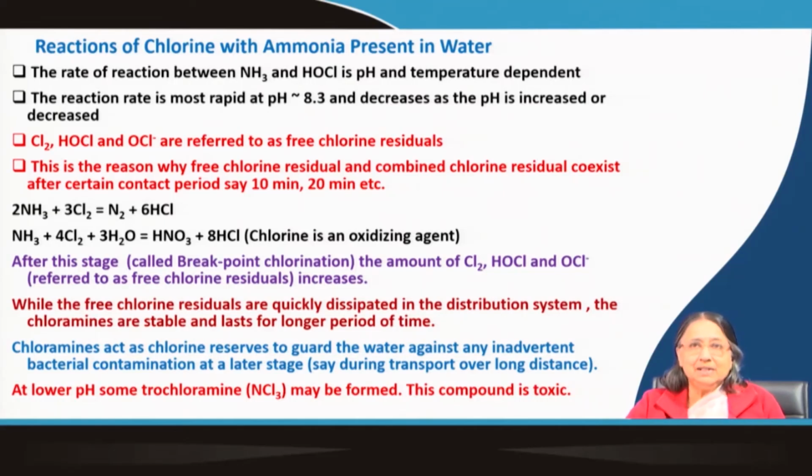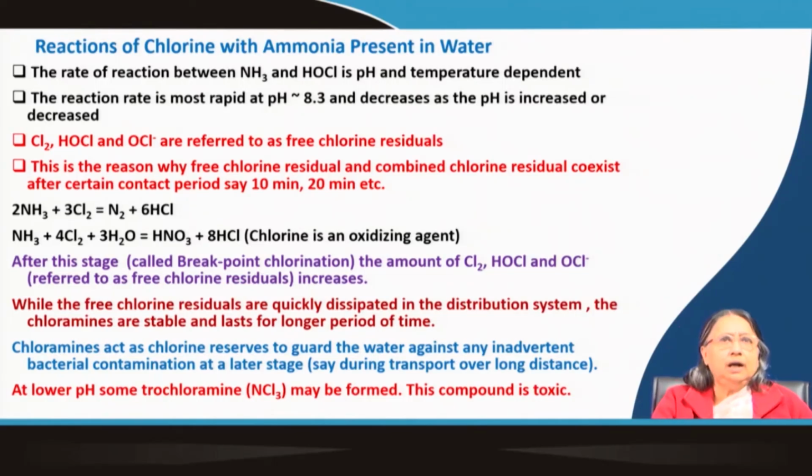So, it is basically a mixture of all those things. There are other reactions that can happen after this stage. Breakpoint chlorination I will tell you later, but here you see chlorine is an oxidizing agent.